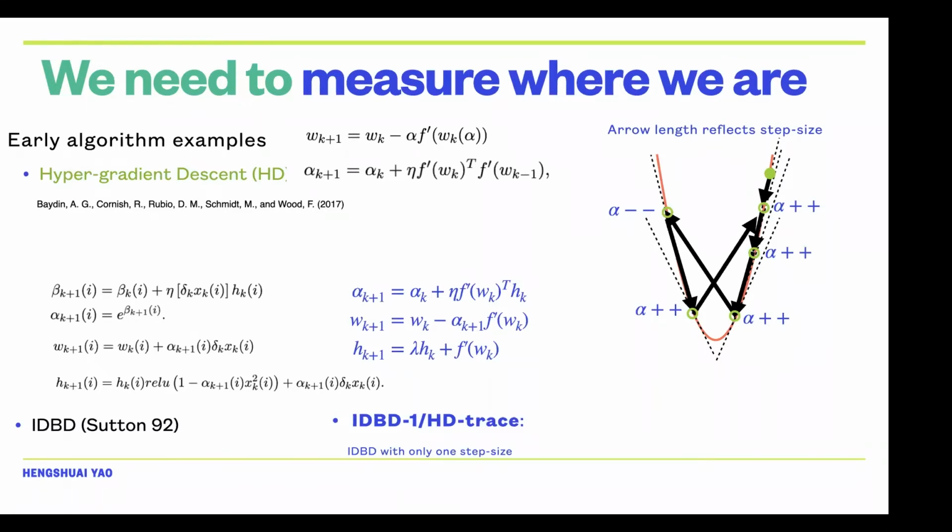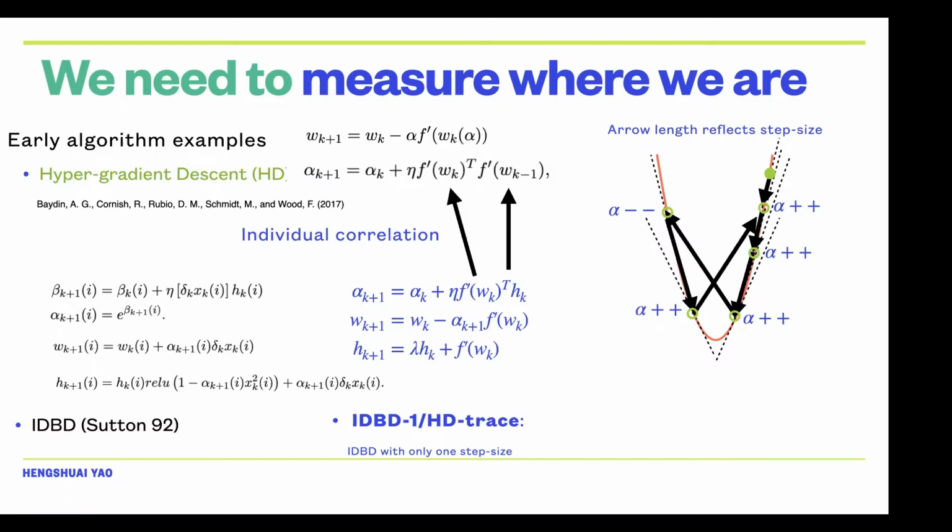To make the connection, notice the correlation term. The first term in the correlation gradient doesn't change, but the second gradient is replaced by a trace term, H. Basically, H is a historical average of the gradients. By setting lambda to 0, we recover hypergradient descent from IDBD1.